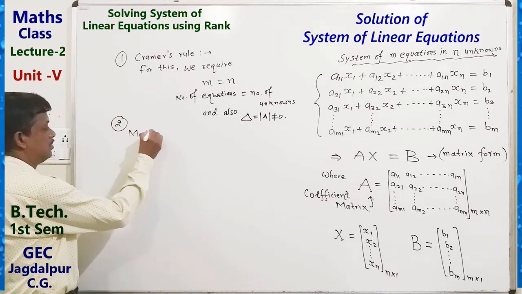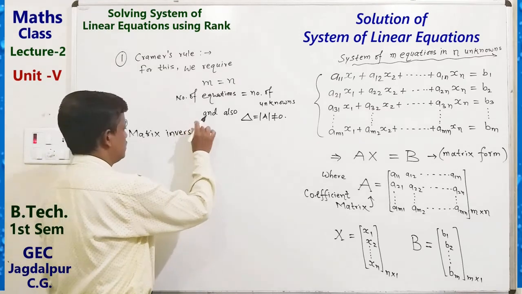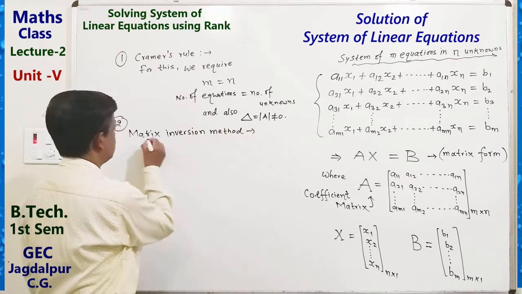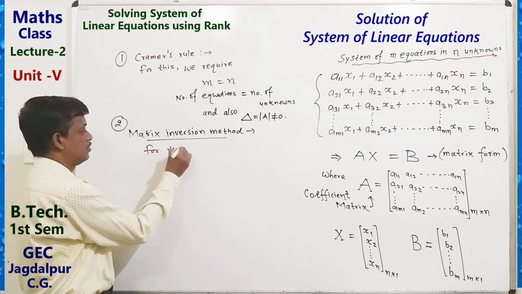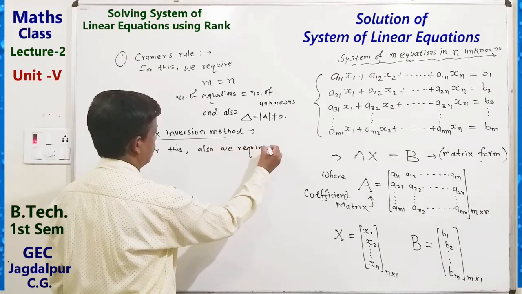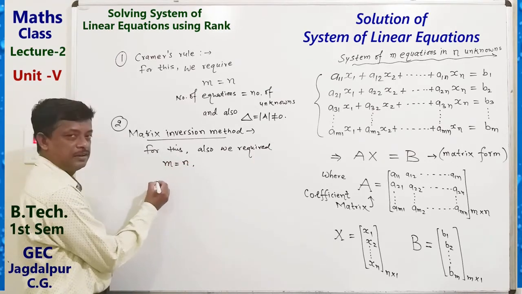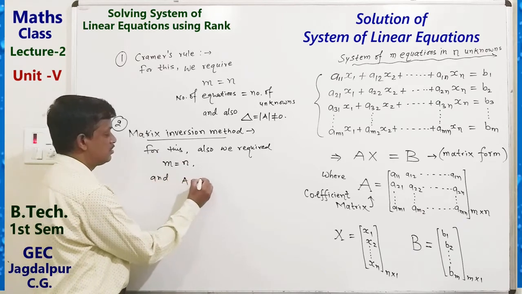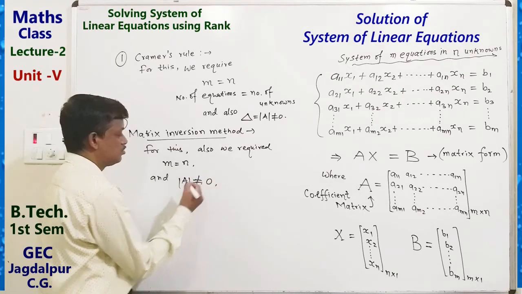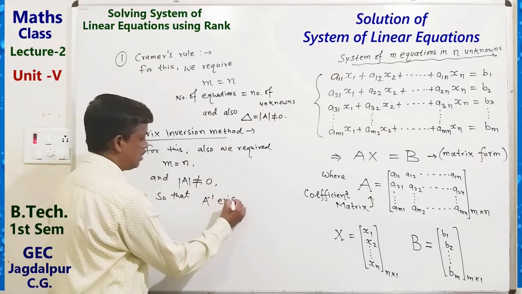Second, the matrix inversion method. For this also we require m equals n, and the determinant of A is not equal to 0, so that A inverse exists.